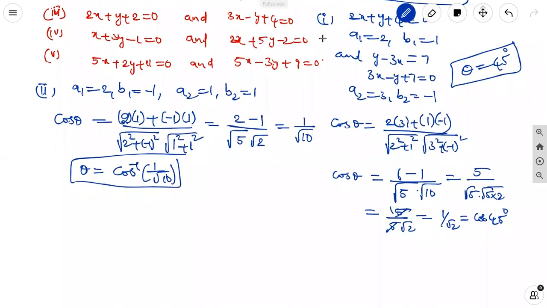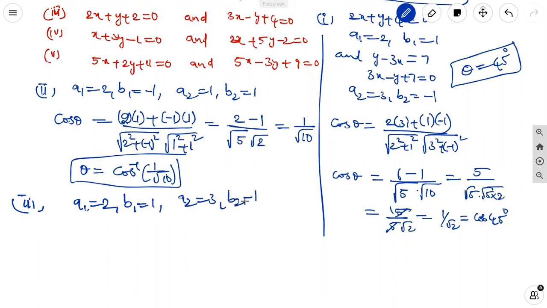For the third one, a1 is equal to 2, b1 equal to 1, a2 equal to 3, b2 equal to minus 1. So cos theta equal to 2 3s are 6 minus b1 b2 is 1, under root of 2 square is 4 plus 1 is 5, under root of 3 square 9 plus 1 is 10, is equal to 5 by root 5.